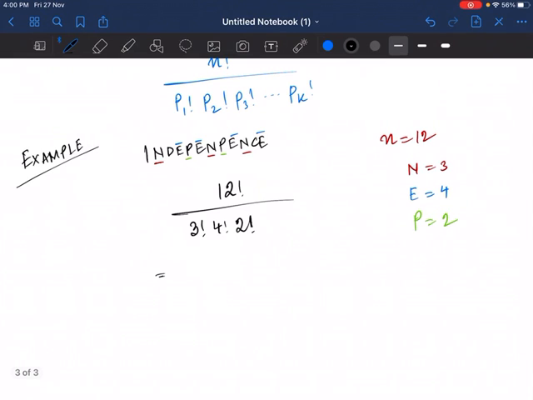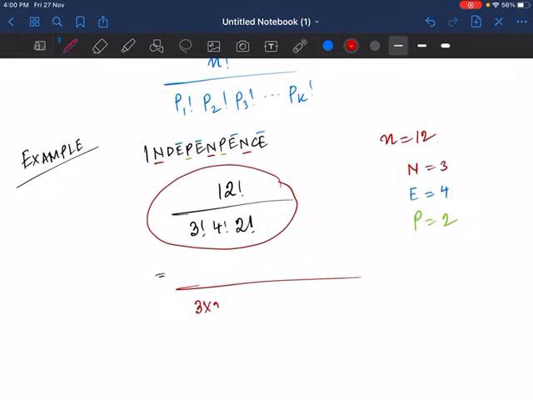So let's cancel and get the answer for the number of arrangements of the letters of the word independence. The denominator is 3 into 2, and 4 into 3 into 2 into 2, and the numerator 12 into 11 into 10 into 9 into 8.